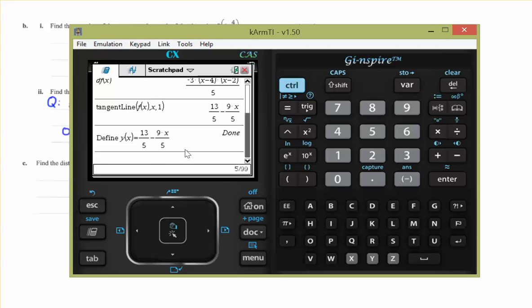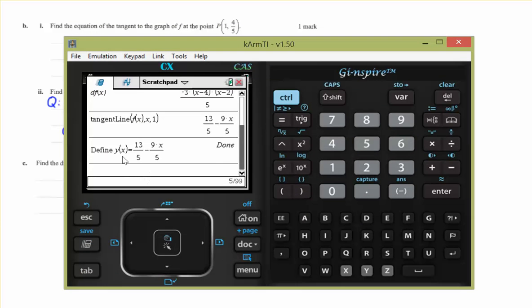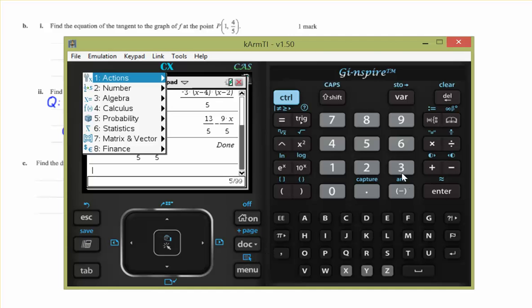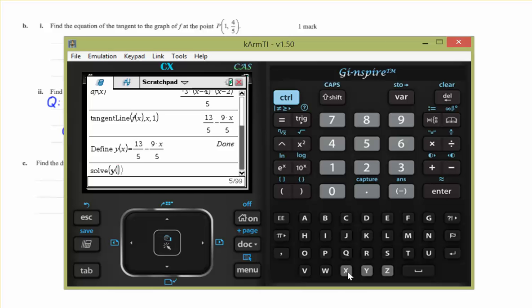We've just stored our tangent. So we can solve for the x-intercept by making y equals 0. Let's use the solve function to do that. So we're going to solve y of x equals 0, and we're interested in x.